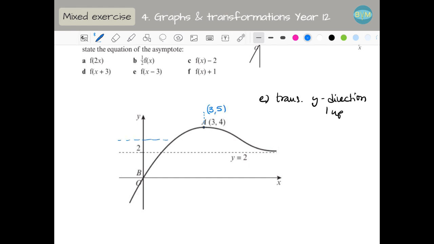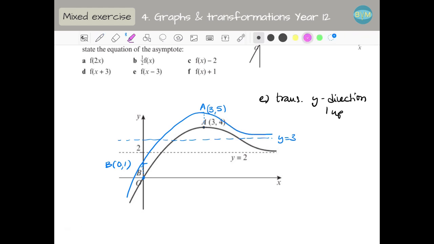My asymptote goes up as well because I'm moving everything up, and point B goes up by 1 again, so it's going to be (0, 1). So this is B, this is A, and my graph is going to be something like this. Point A, asymptote, point B. And that's all with this question.